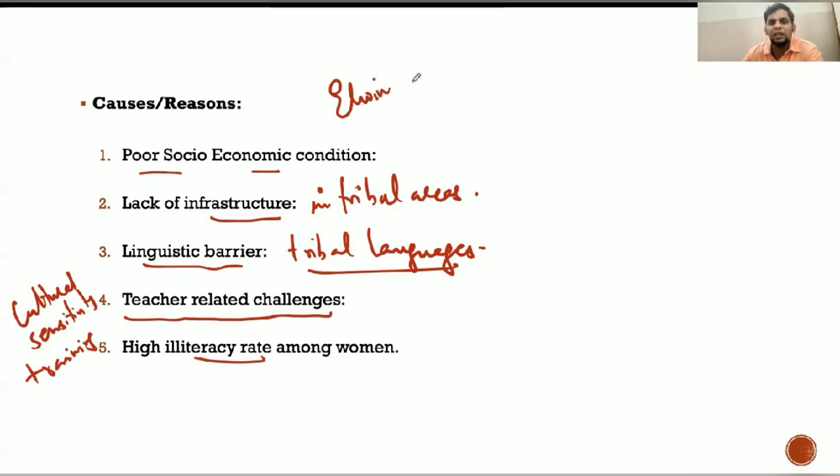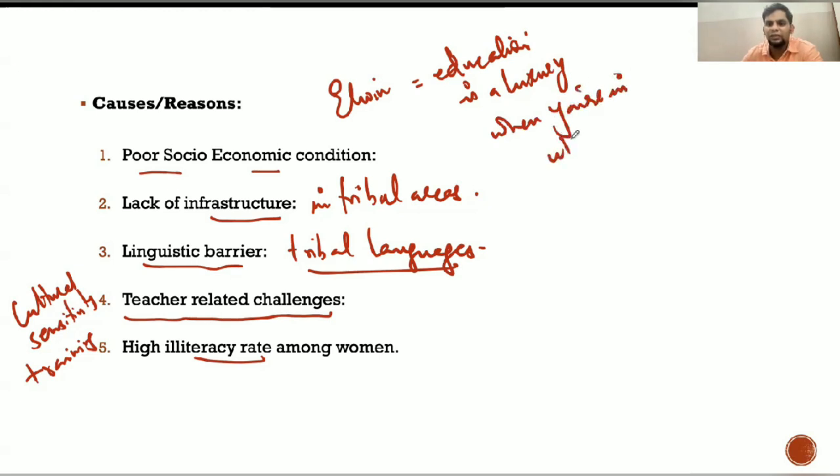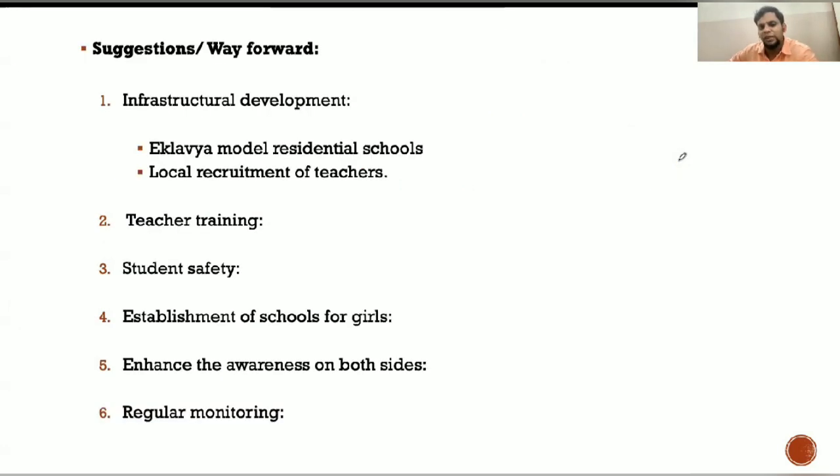So Elwin basically says, education is a luxury when you are in utter poverty. So true, so true, right? When there is a hand to mouth existence on a daily basis, education is probably the last priority for the families.